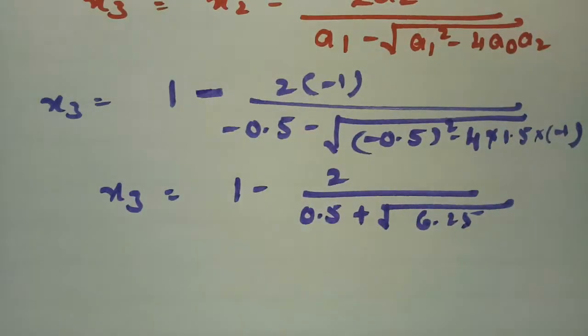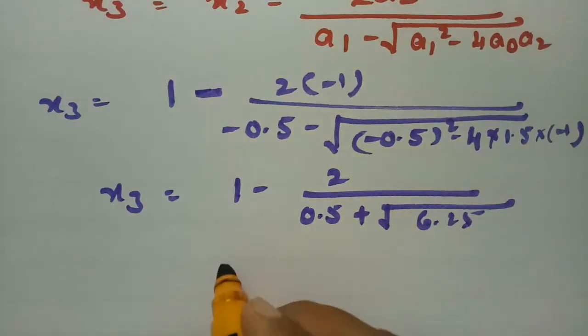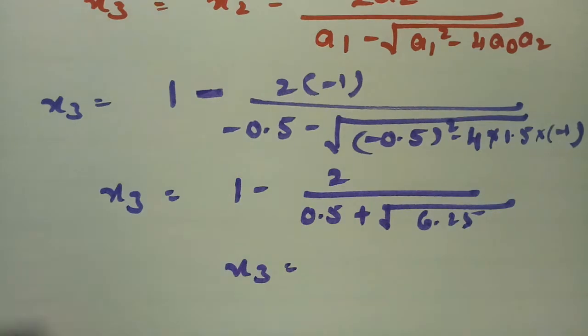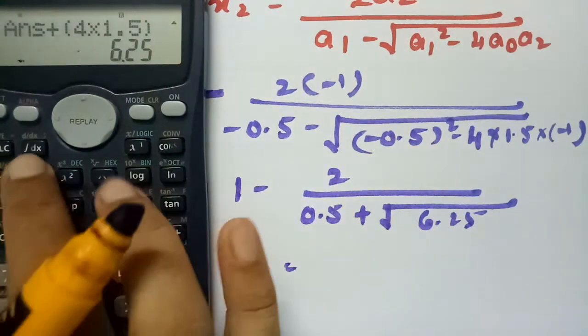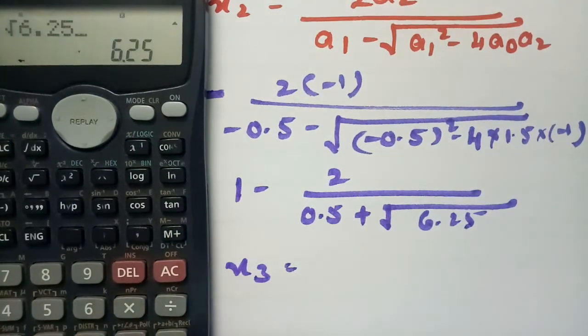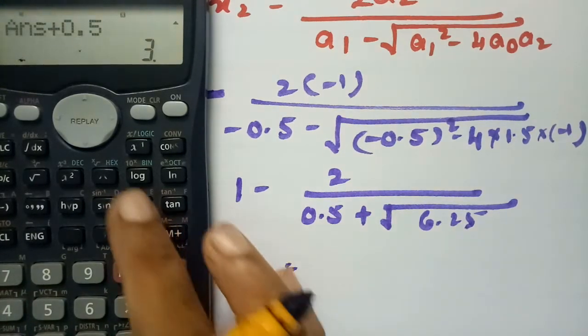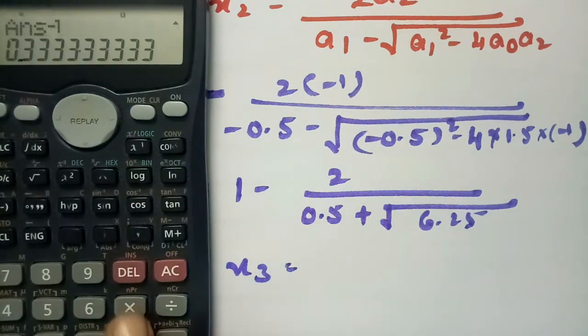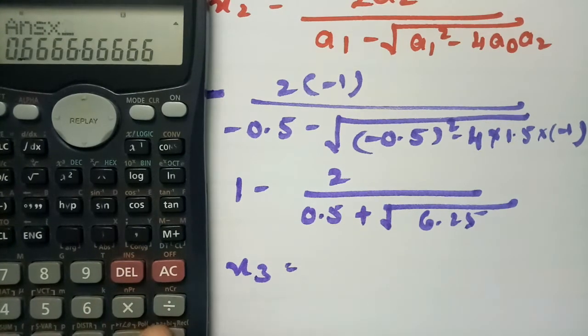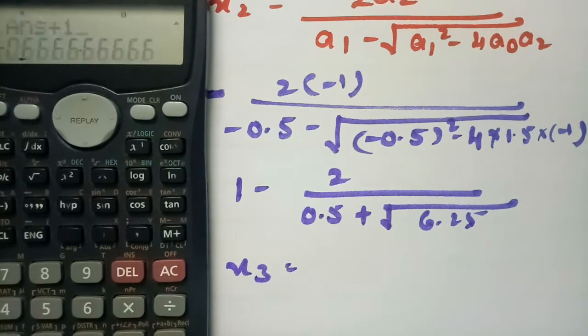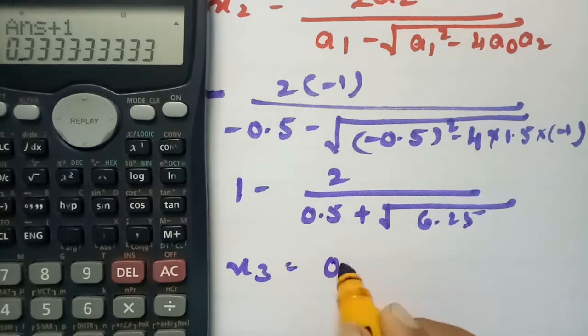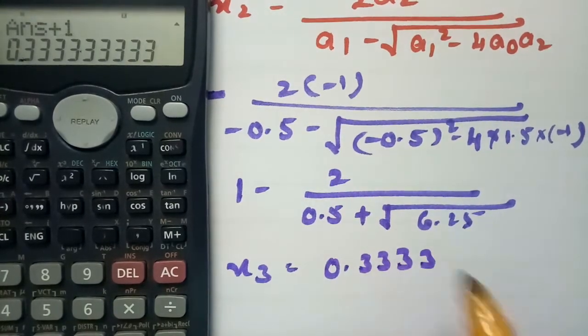6.25. And see here, what will be the x3 value? The x3 value is nothing but root over 6.25 plus 0.5 inverse into 2 into minus 1 plus 1. The value here of x3 is 0.3333.